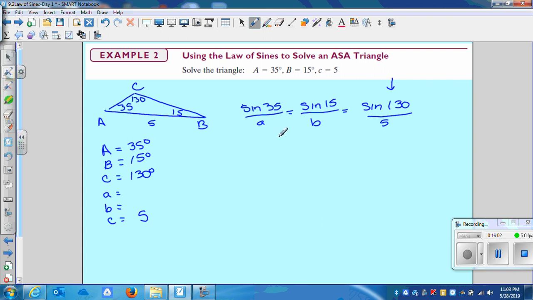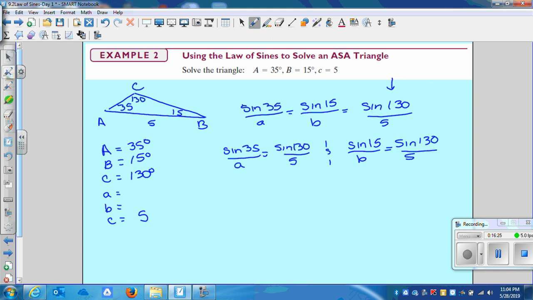So I'm going to go ahead and set the two proportions up that I need. So sine 35 over A is equal to sine 130 over 5. And then my second proportion, sine 15 over B equals sine 130 over 5.